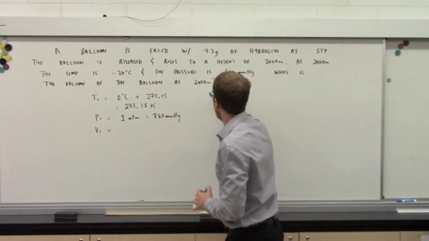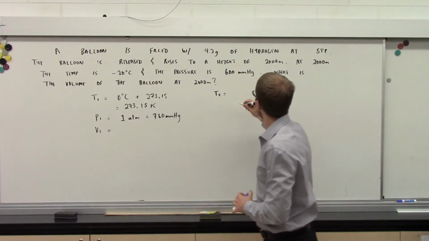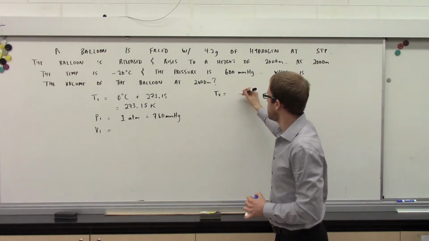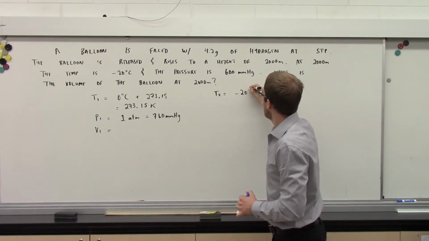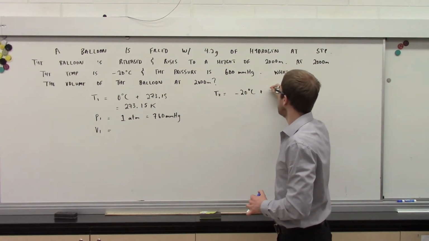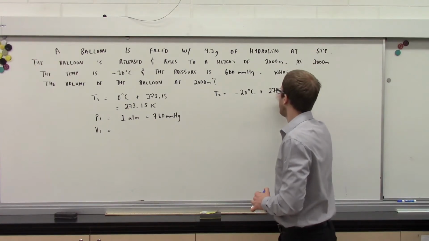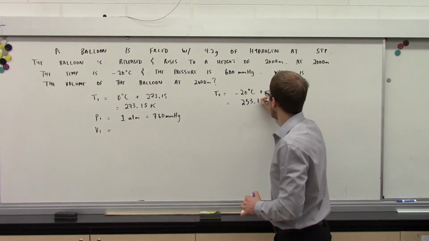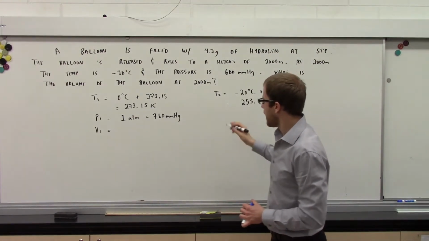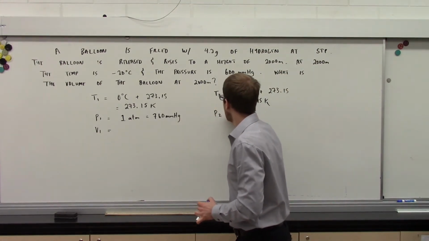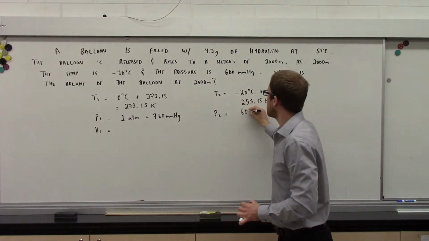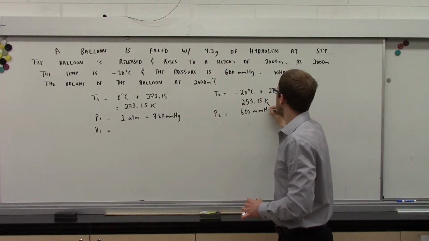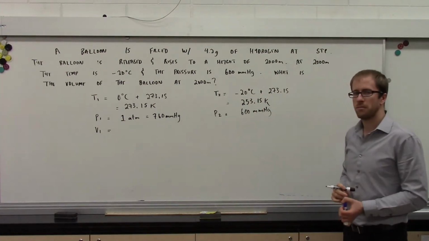Well, our final temperature is going to be negative 20 degrees Celsius. And if we convert that to Kelvin, we get 253.15 Kelvin. And we know that our final pressure is going to be 600 millimeters of mercury at 2,000 meters.